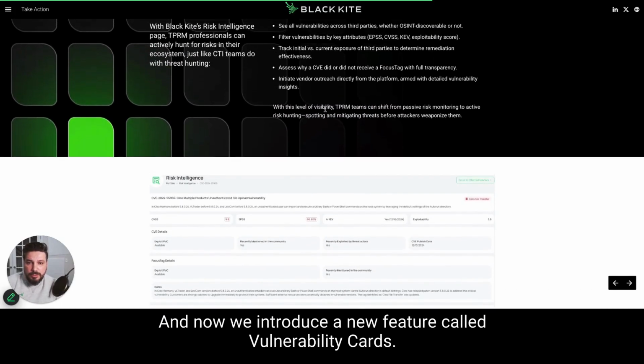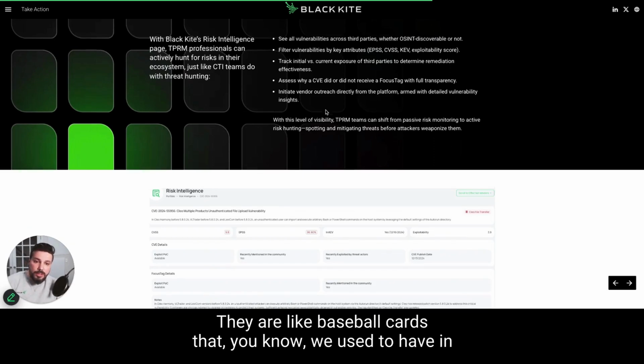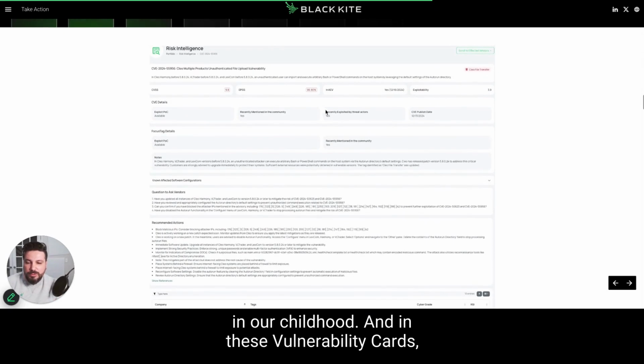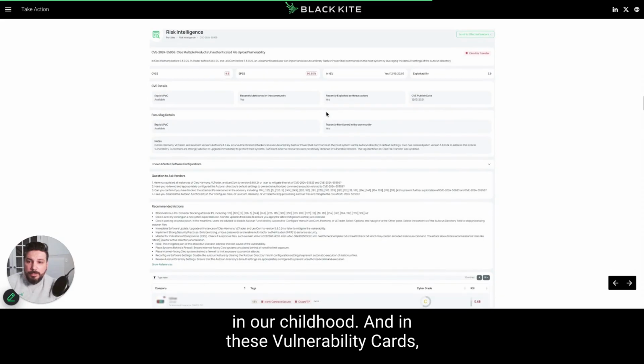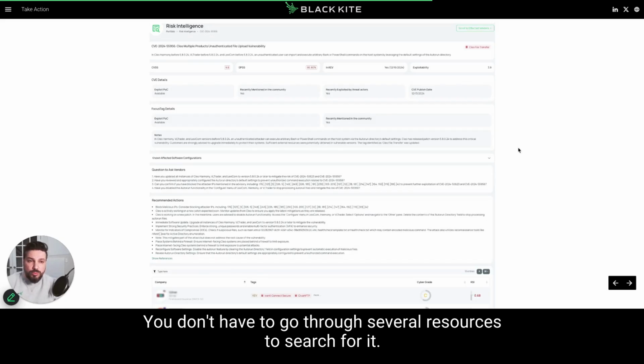And now we introduce a new feature called vulnerability cards. They are like baseball cards that we used to have in our childhood. And in these vulnerability cards, we provide all the information about that CVE that we collect. You don't have to go through several resources to search for it.